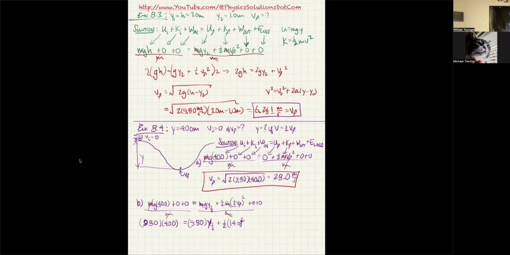I'm going to multiply both sides by 2. That gives me 2 times 9.80 times 40.0 is equal to 2 times 9.80 times y 1/2 plus, oh no, I actually got rid of the 1/2.